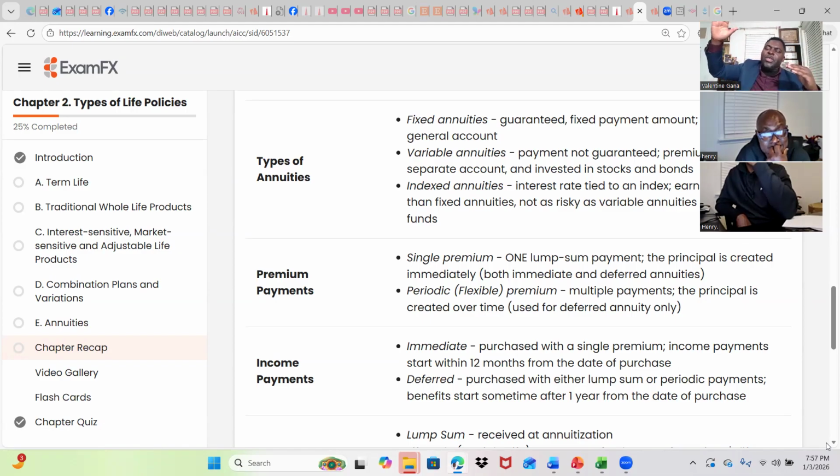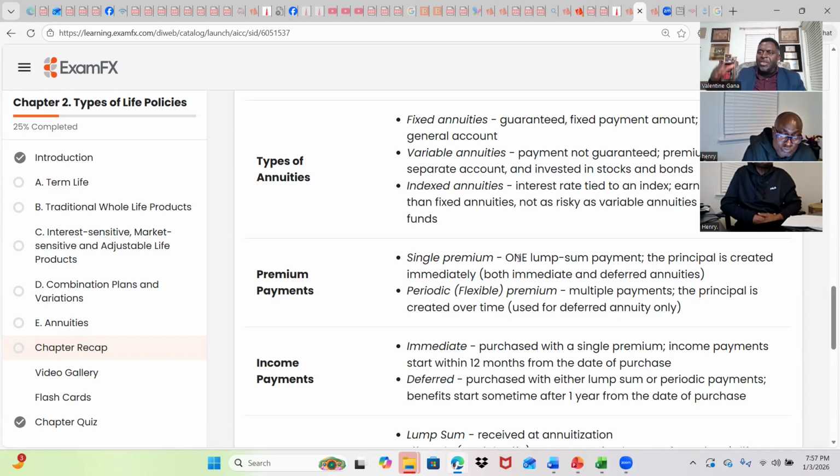But if the market is doing negative, say the market is going -40, you still get that benchmark. Okay, I got you. That is the advantage of index annuity. Correct.